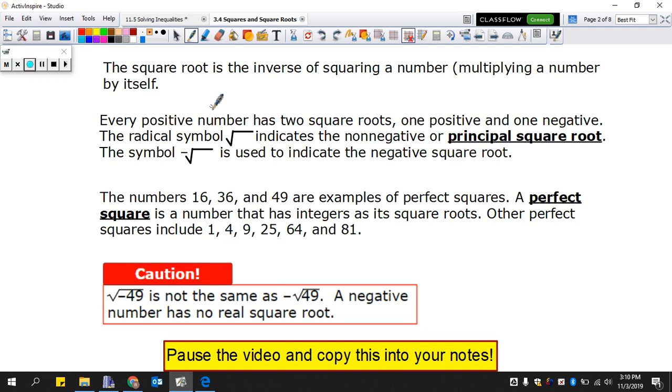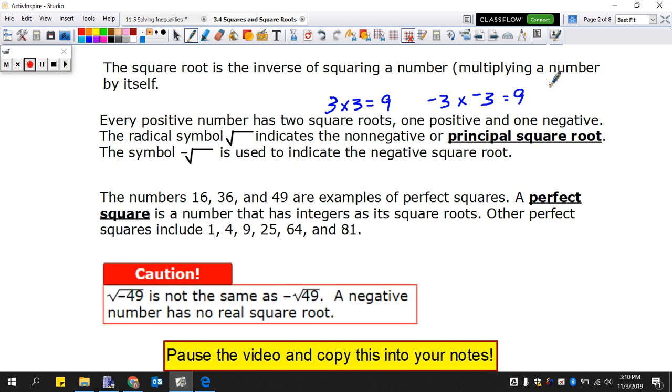One's a positive and one's a negative. You can see that because, for instance, 3 times 3 is 9, and negative 3 times negative 3 is equal to 9. So the square root of 9 is both a positive 3 and a negative 3.